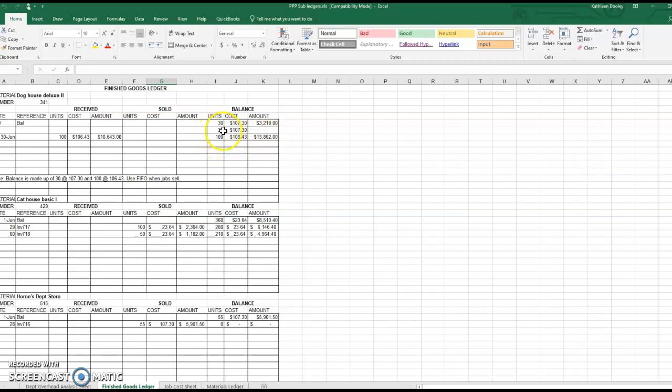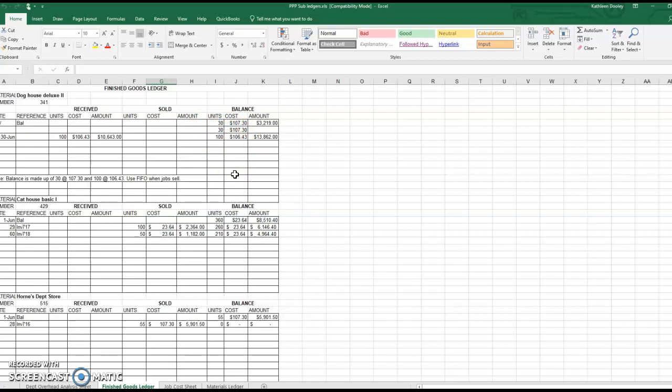We have 30 dog houses at 107 and 100 dog houses at 106, and you've got to keep that separate. Together my balance of this 3219 plus this 10,643 is 13,862, my total balance. But I need to keep these two sets separate because they have 2 different costs.